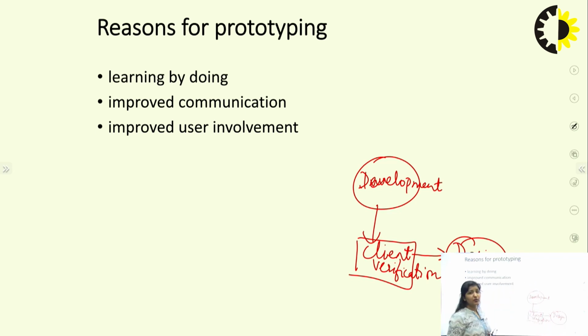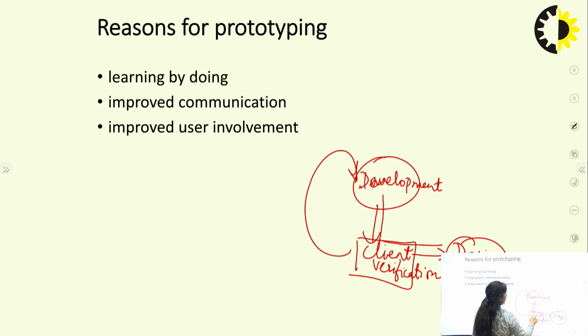If the client is not satisfied, then again the development will be done, the client will review it, again it will see if the client is satisfied or not. So, this whole process will be repeated until the client gets satisfied with that particular prototype. So, in this model, the user involvement or the client involvement is more in the project.